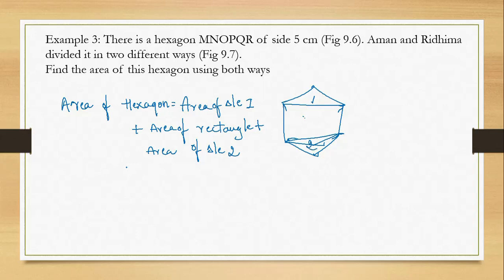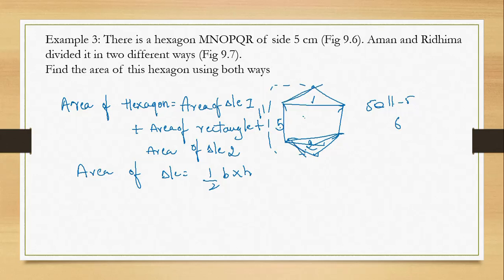Here we know that the area of a triangle is half of base into height. We know that the total distance here is 11 and here the given is 5. So 11 minus 5, we get 6. 6 is the total, and here we get 3 from above and 3 from below. Then the height will be 3.